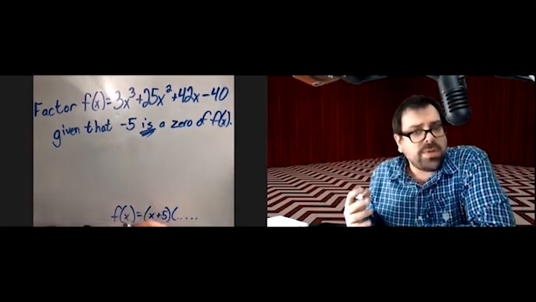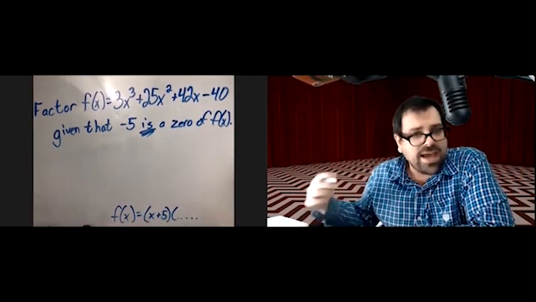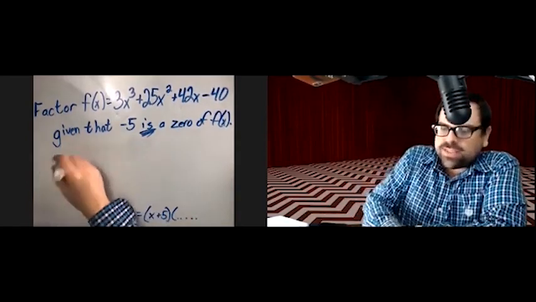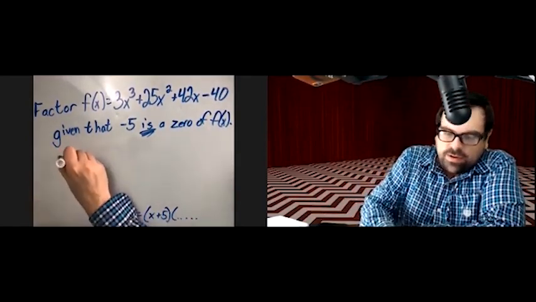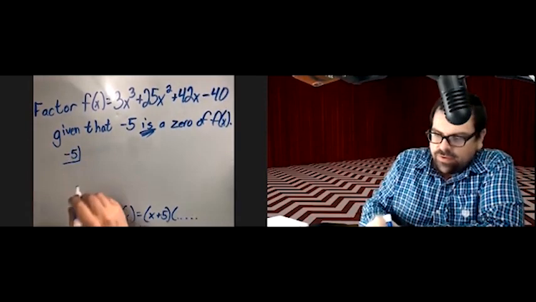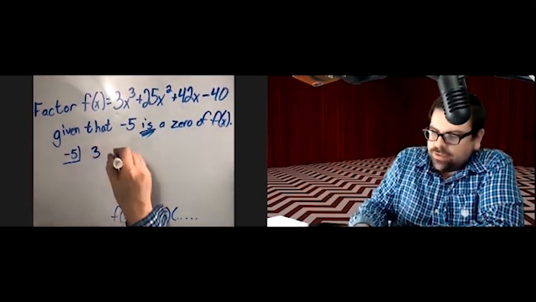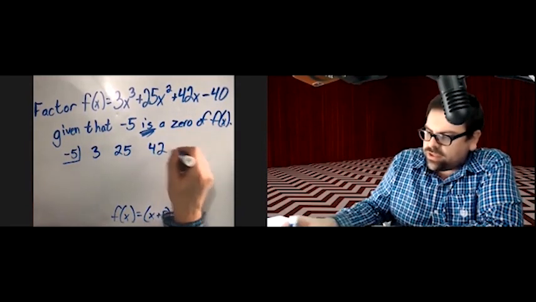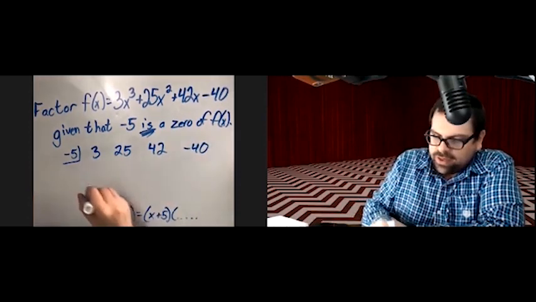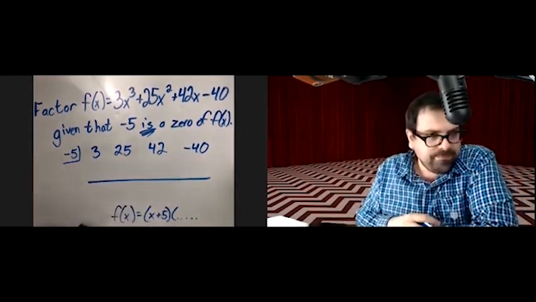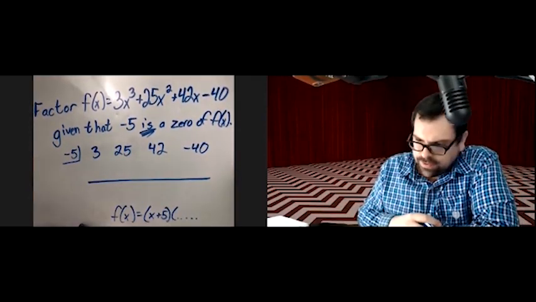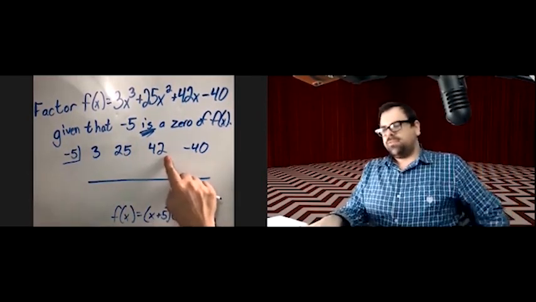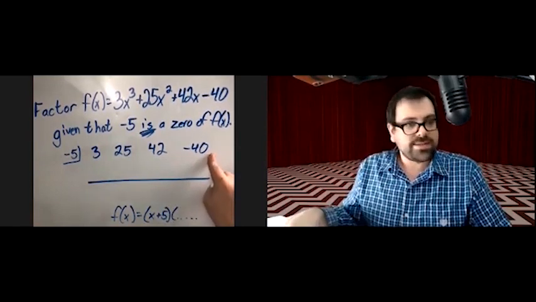We already know the remainder is going to be 0. It's a factor. Remainders are 0 in that case. But we're interested in the rest of it this time. So -5 in the box, 3, 25, 42, and -40 on the outside. 3x cubed plus 25x squared plus 42x minus 40.